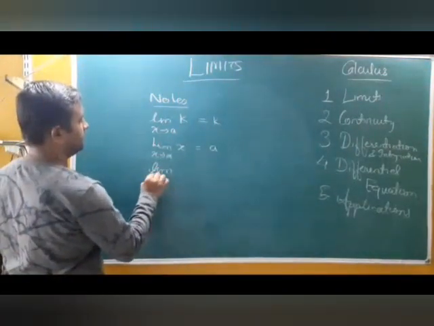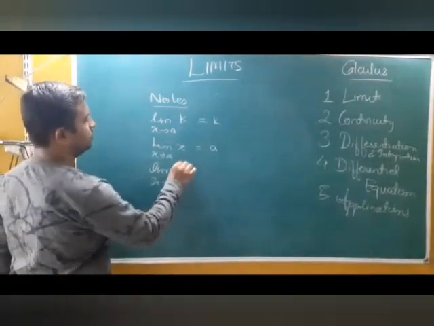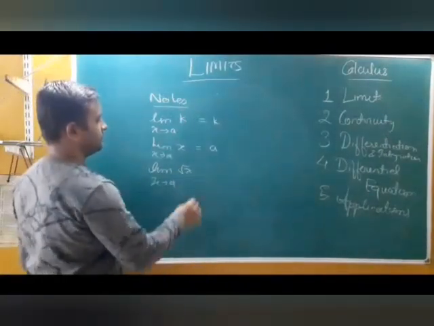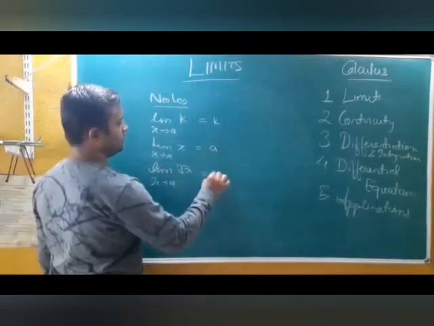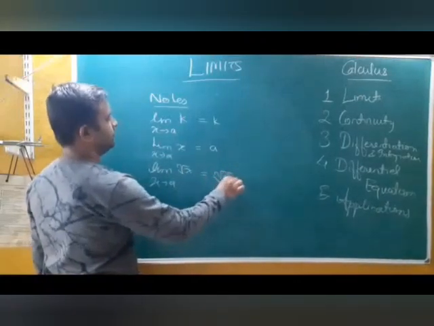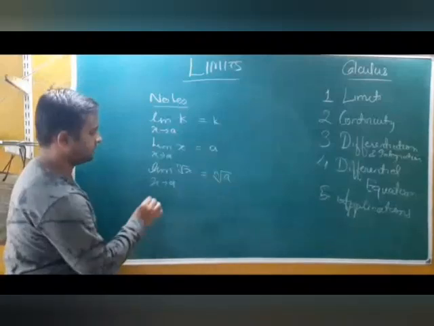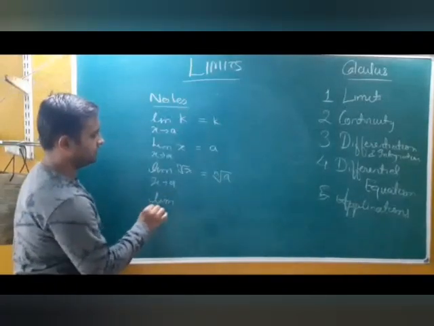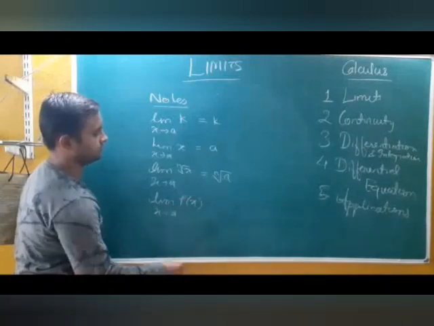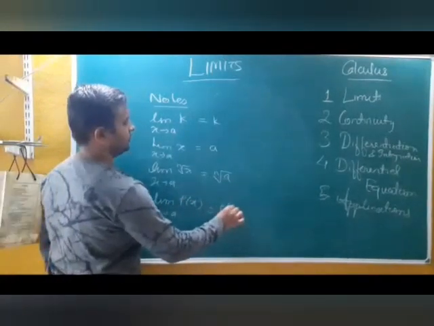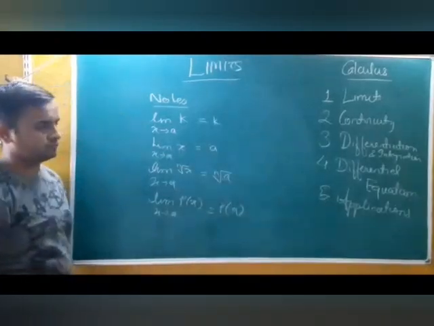Limit x tends to a of root of x or cube root of x or any root of x, nth root of x, the answer will be nth root of a. And the last very important thing, limit of a polynomial function p of x will be p of a. Okay, note it down.